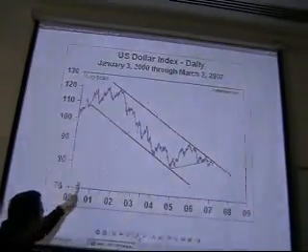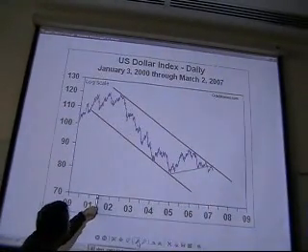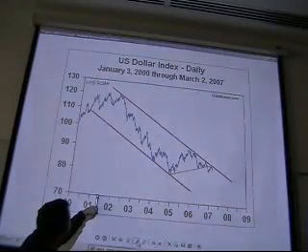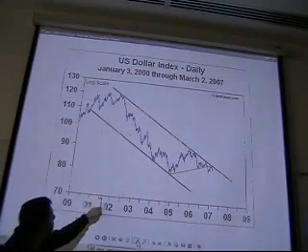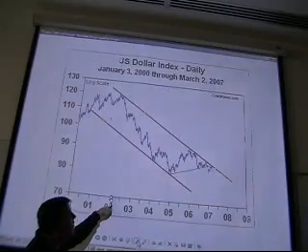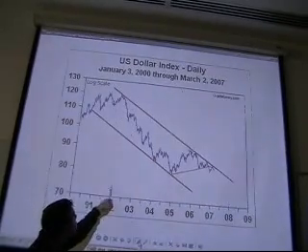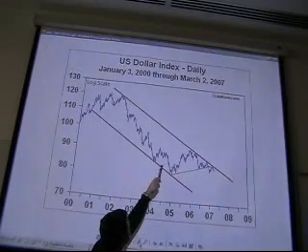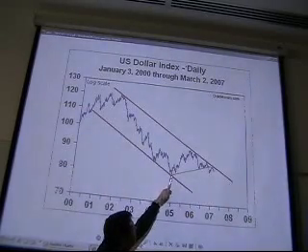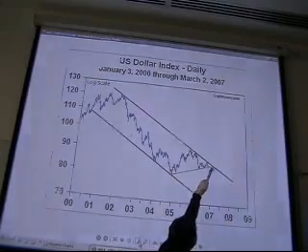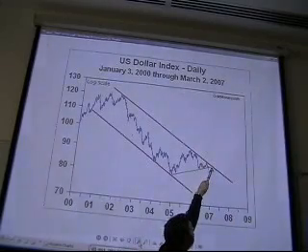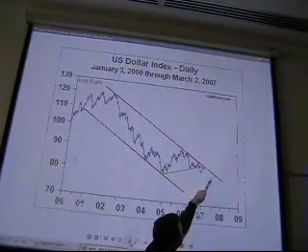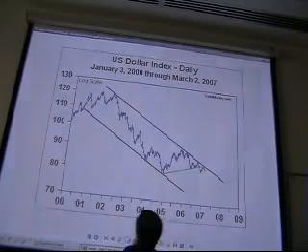Somewhere around mid 2001, the dollar peaked. It hit the trend channel, and from there the dollar has been going down. It found a strong support here, it found a strong support here, it went down here. So once you're on the upside of the channel, you expect it to keep going down and down.